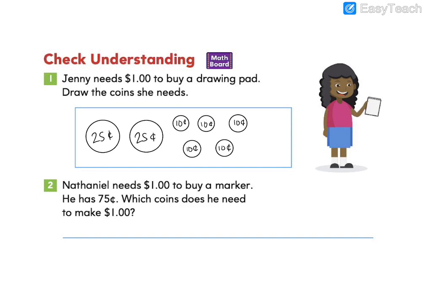Nathaniel needs $1. Remember, I know that $1 is equal to 100 cents. Nathaniel has 75 cents. So I know I need 25 cents more. So for this answer, you can think about anything that's equal to 25 cents.